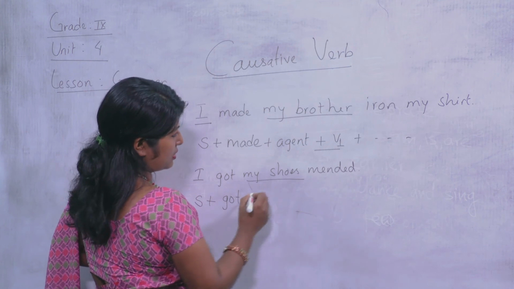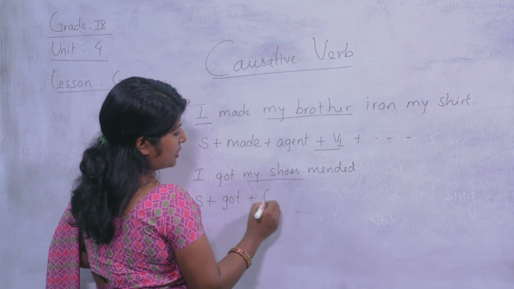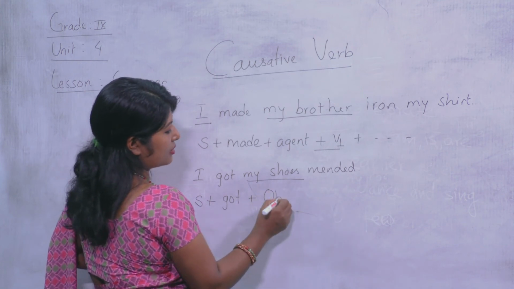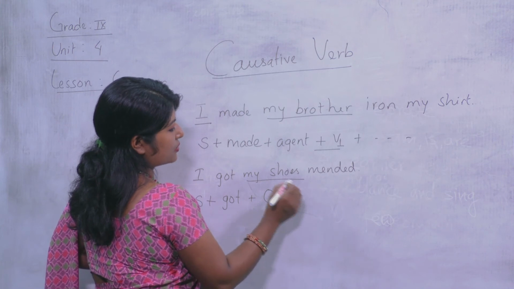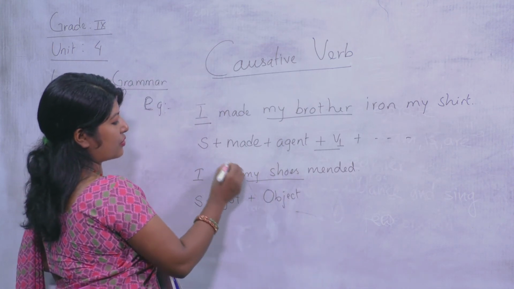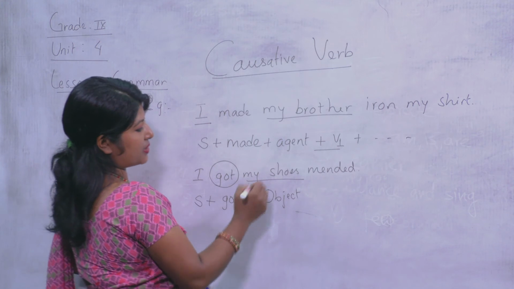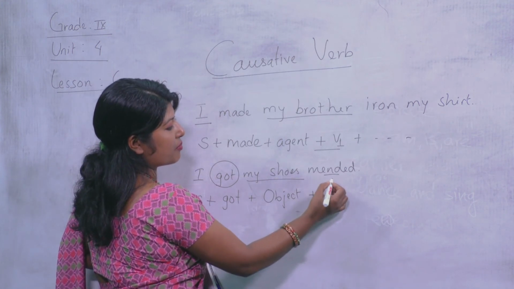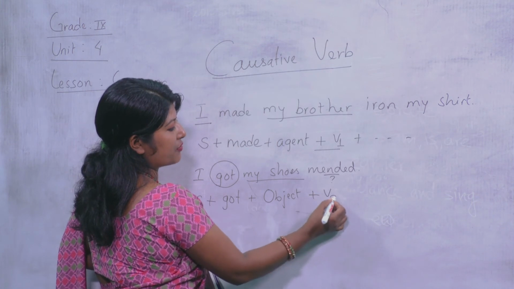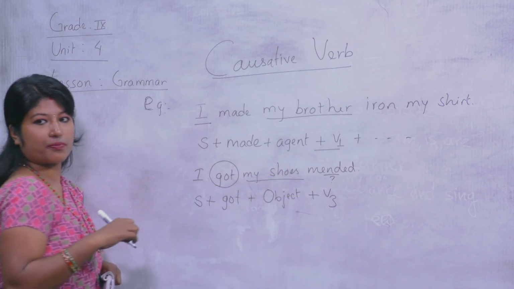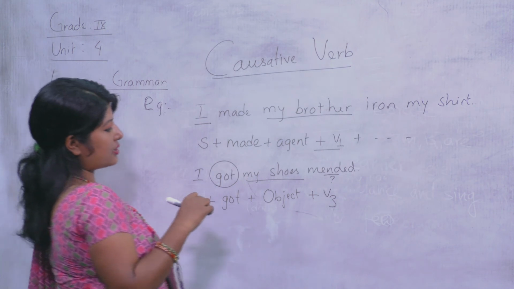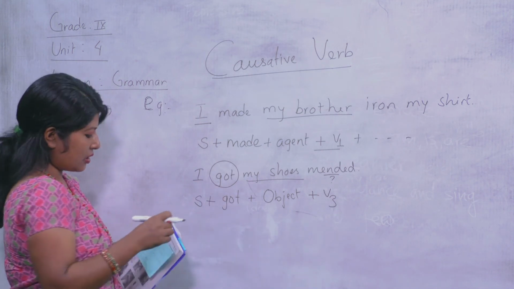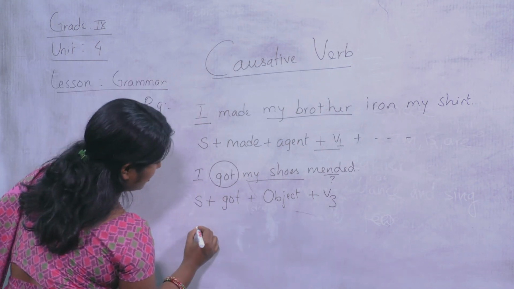My shoes is the object, right? So when there is use of got and an object, at that time which form of the verb is this? This is verb 3, right? Okay, this is verb 3. One more example with got.